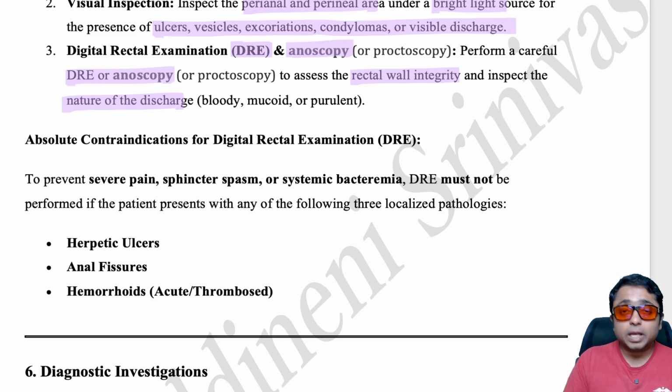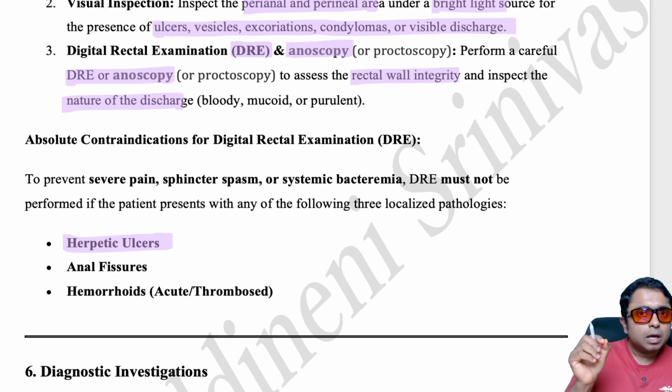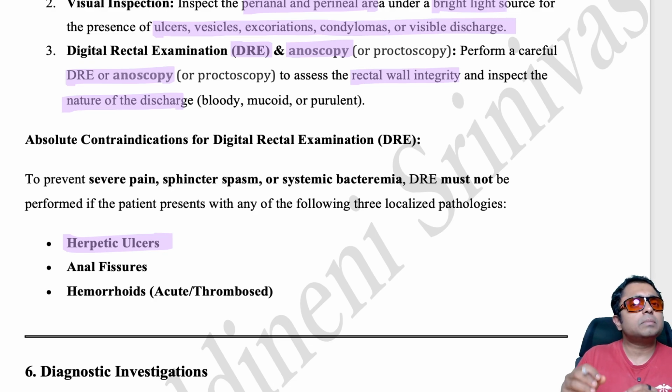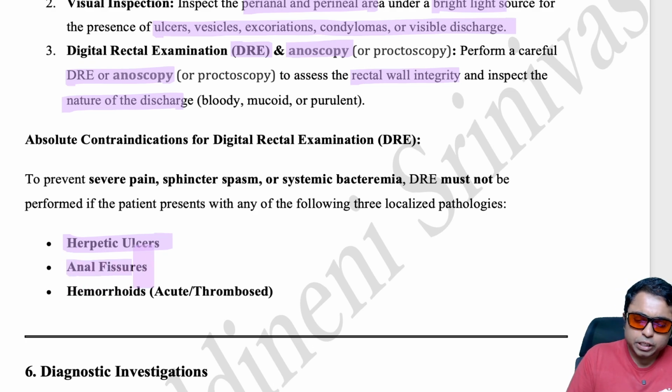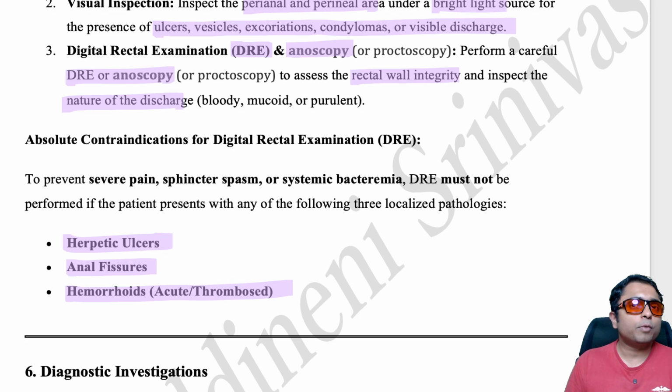And you must remember that there are some absolute contraindications for digital rectal examination. So what are they? If the patient has herpetic ulcers, so if you happen to see in the perineal area some vesicles, a recurrent history of vesicles, and painful ulcers with polycyclic margins, probably it is herpetic, so you should not do the digital rectal examination. And also if the patient has anal fissures or hemorrhoids.